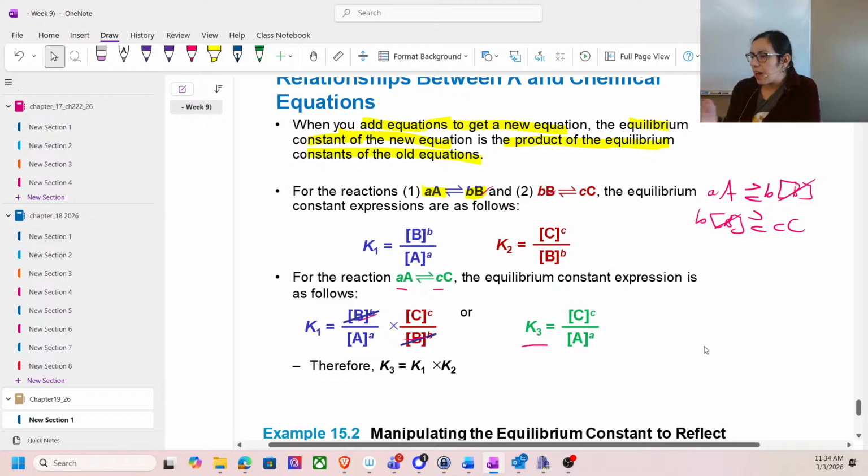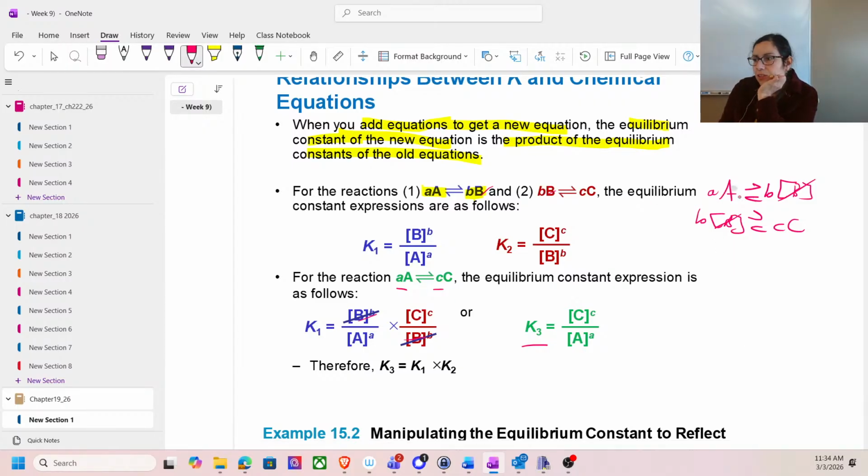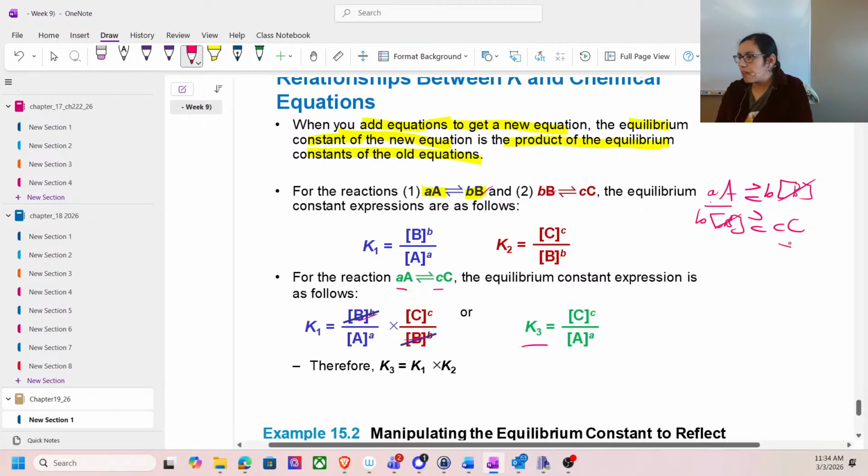It's kind of additive, basically, is how I would think of it. All you're doing is adding these two equations, and notice how B essentially becomes an intermediate, so it cancels. If we just want to know our rate from A to C, we'll probably have been given K1 and K2.